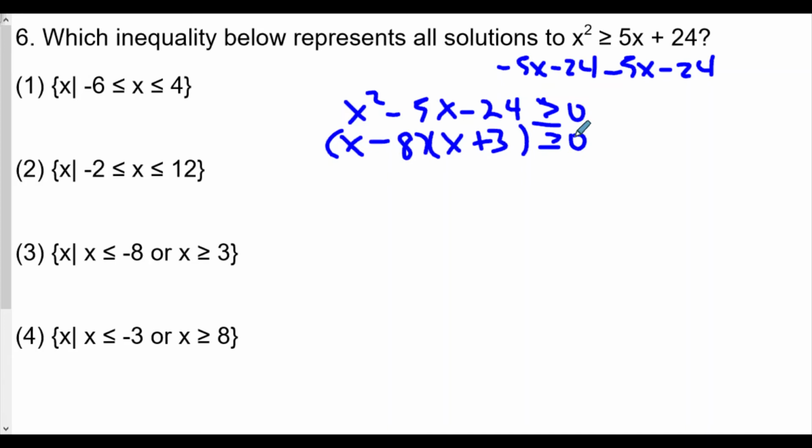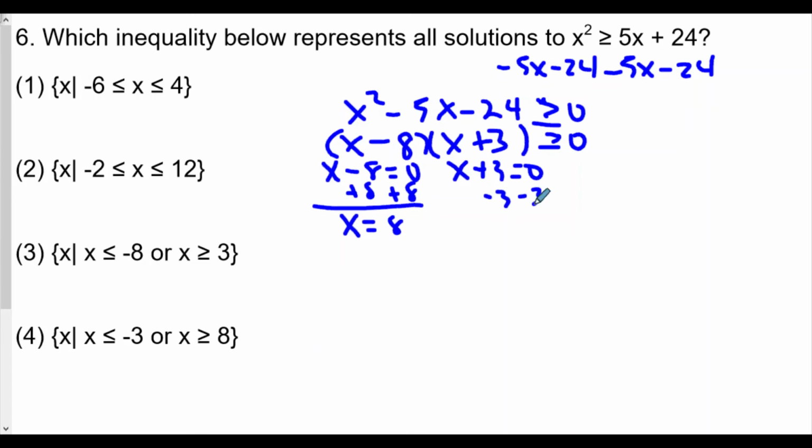Now this time around, we are including those values, so whatever we have is going to have the equal sign. We set each of these factors equal to 0: x minus 8 equals 0 and x plus 3 equals 0. We get x equals 8, and subtracting 3 on both sides, x equals -3.